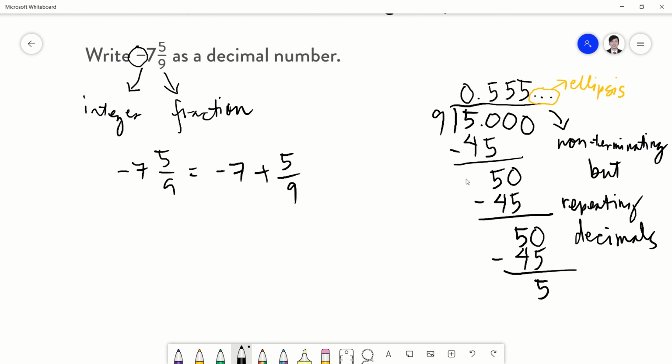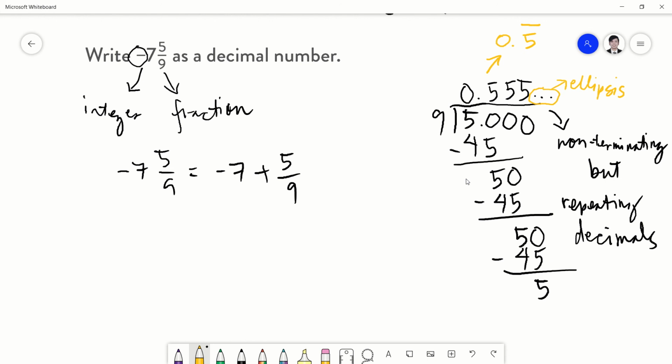So we can actually rewrite it as 0.5, and since the 5 is repeated, you can put a line on top of it as an indicator that that's the number that is being repeated.